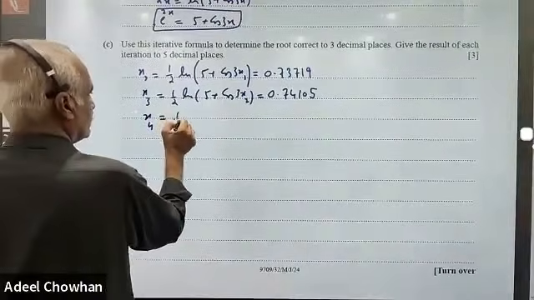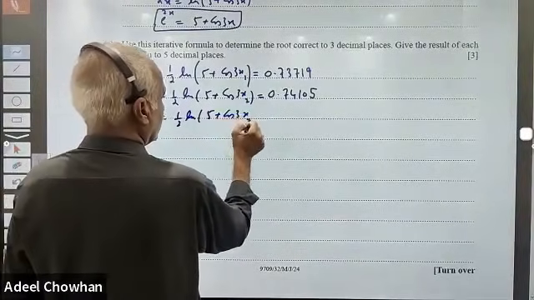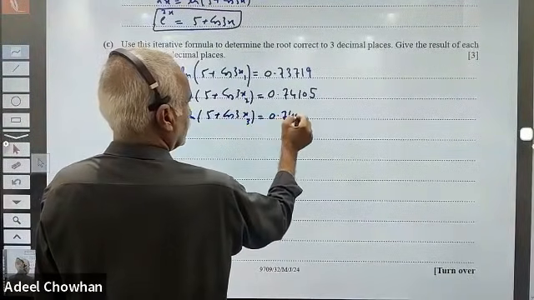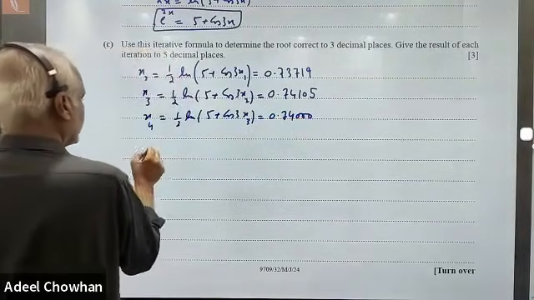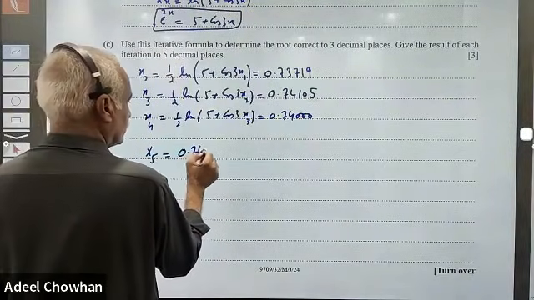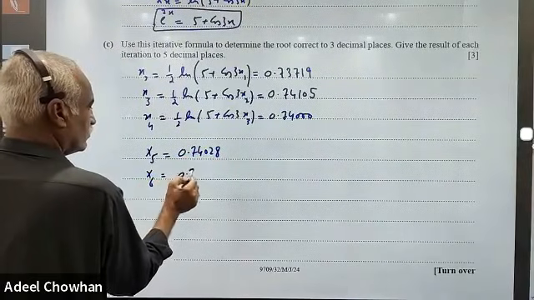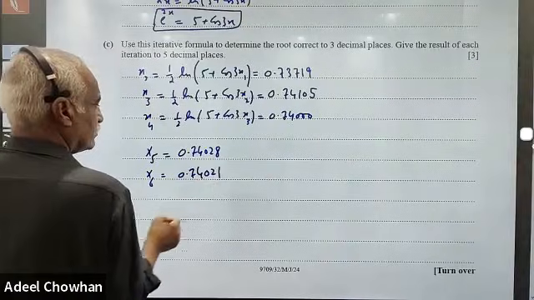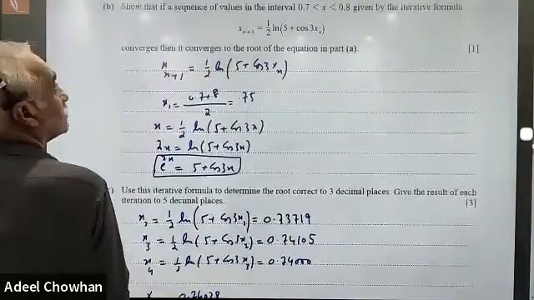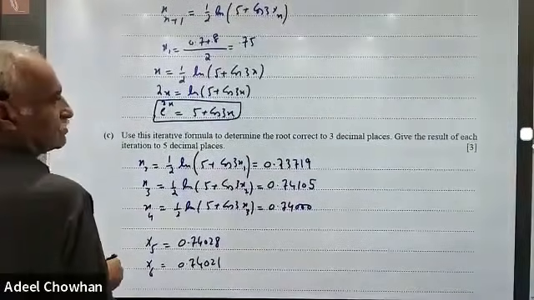x4 will be equal to, x5 will be equal to, x6 will be equal to, so up till correct to 3 decimal places.